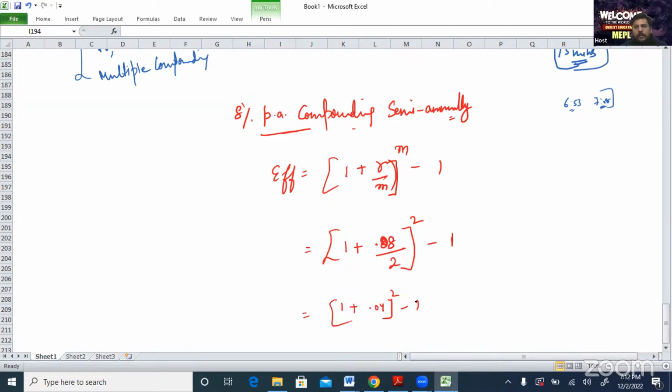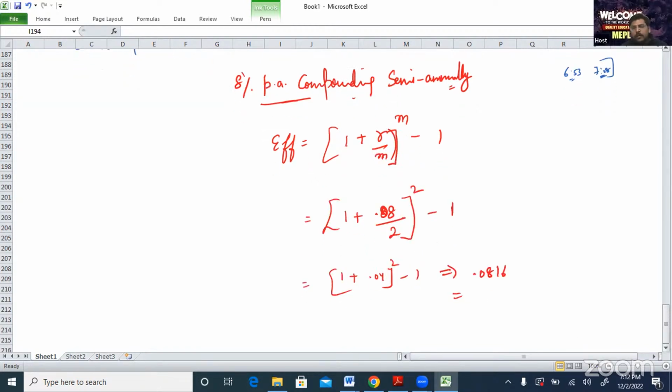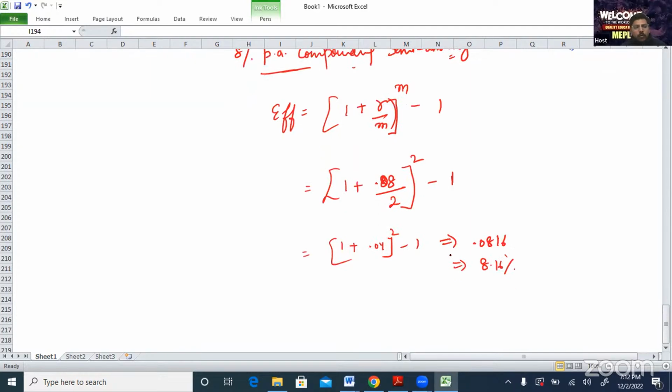Squaring, 1.04 raised to the power 2 is 1.0816, and then minus 1 gives me 0.0816. It is giving me the number in decimal terms, so it is actually 8.16%.